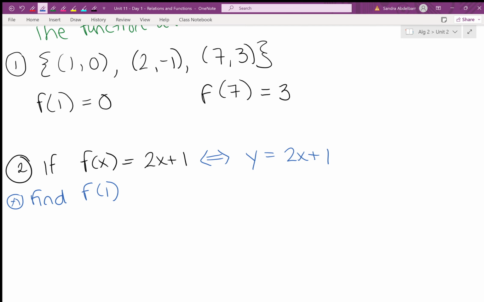Now I didn't just give you a set of ordered pairs where I can say, when x is 1, what's the corresponding y value? But what I can do is plug it into my function and simplify down, and won't that give me the corresponding y value?